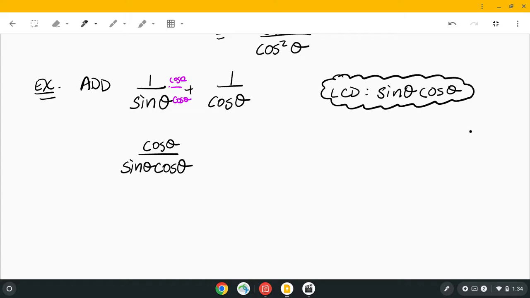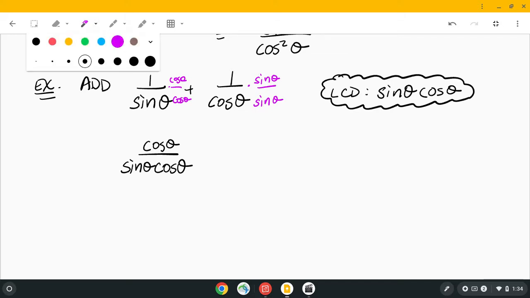Okay? All right, the next fraction, I have cosine theta, but I want it to say sine theta cosine theta. So I need to multiply by 1 written in the form of sine theta over sine theta. Okay? And when I do that, for the numerator, 1 times sine theta is just sine theta.